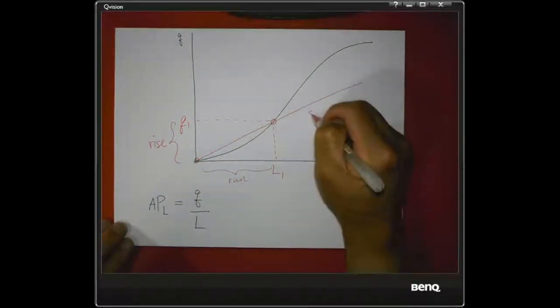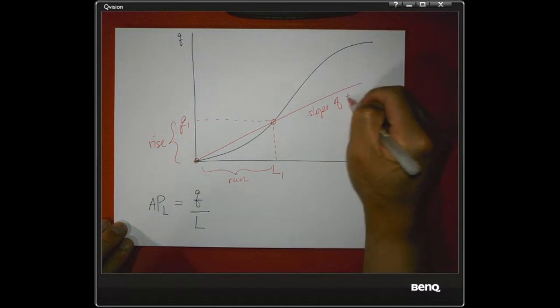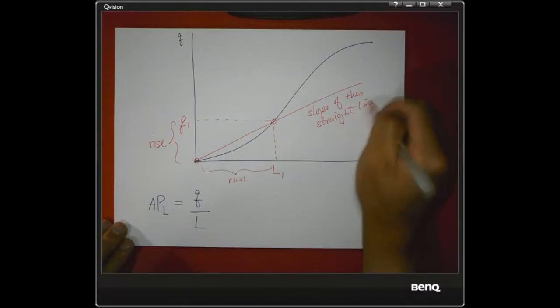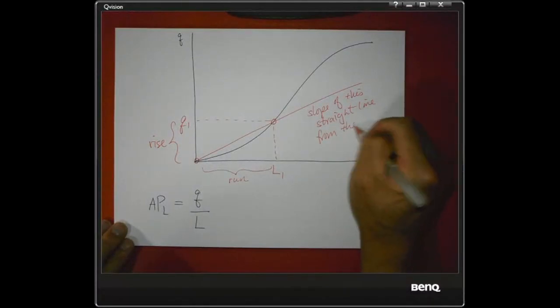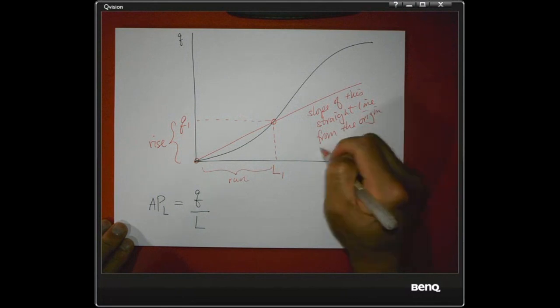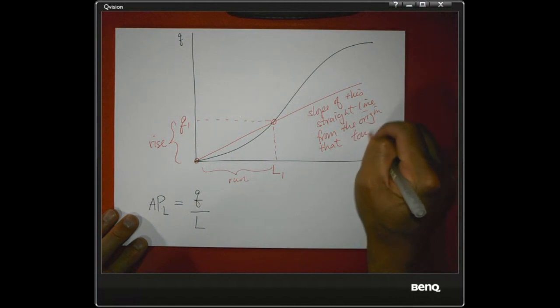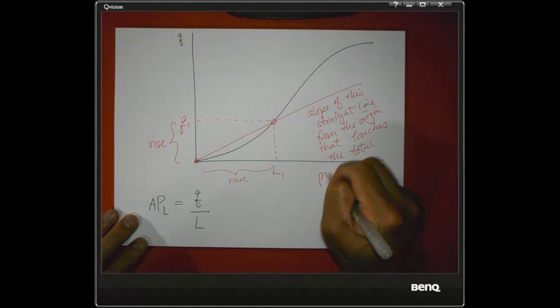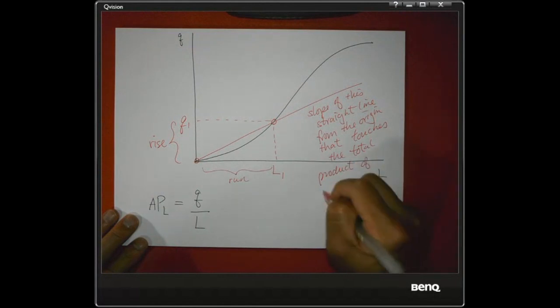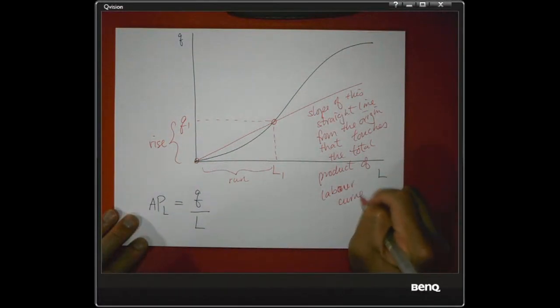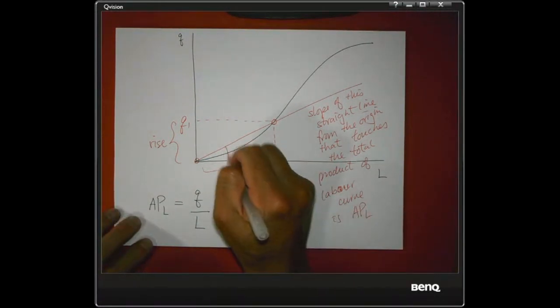In other words, the slope of this straight line from the origin that touches the total product of labor curve is actually the average product of labor, this slope.